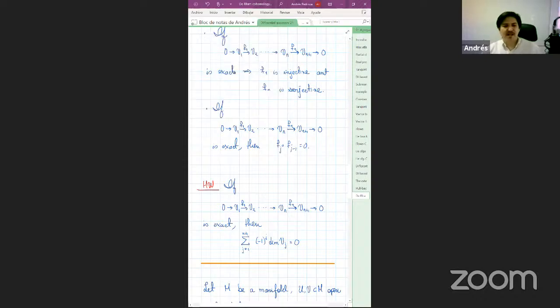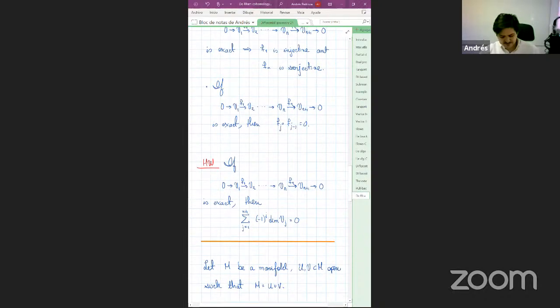Let's consider a smooth manifold M and two open sets that cover the manifold M. On the open sets, there's no restriction except that they cover the entire manifold. They have to be open, so U and V are also smooth manifolds, and they have the same dimension as M.